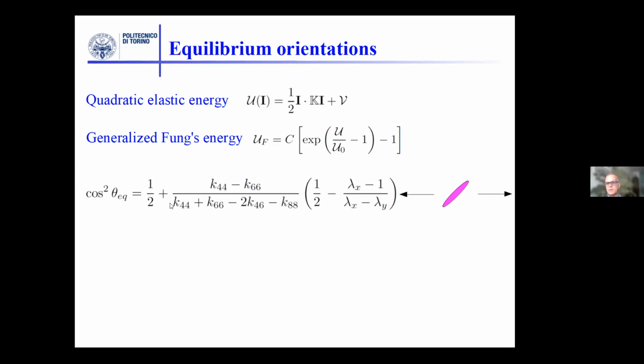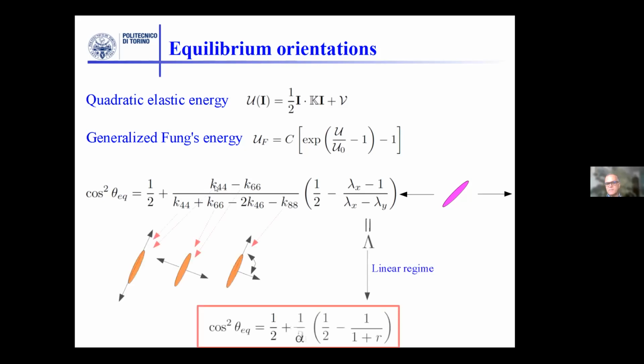This something is a term that depends on all these coefficients that multiply the invariants. These are the mechanical characteristics. In particular, say K44 is the stiffness that describes how stiff the material is in stretching along the direction of the stress fiber, and so on.